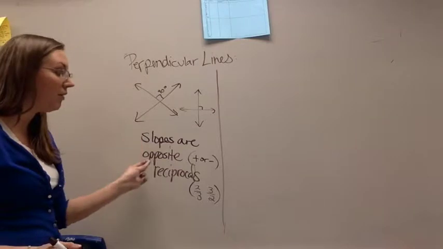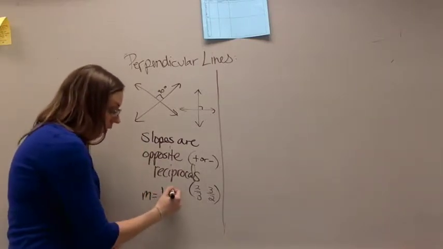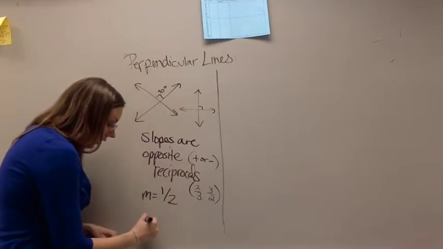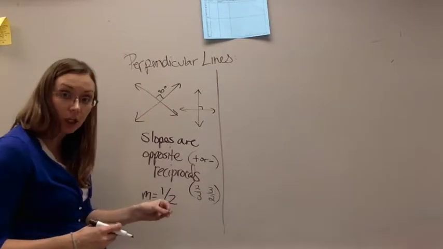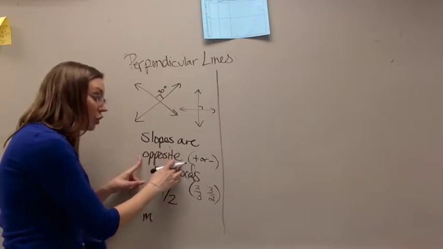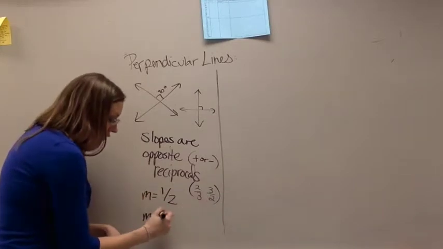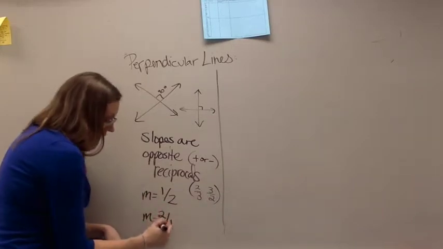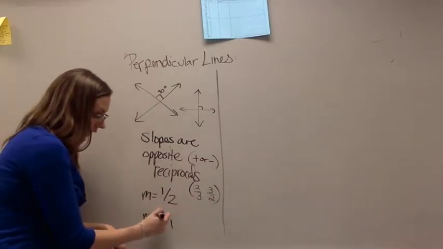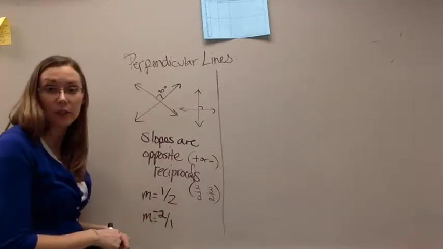So if one line has an m value that is 1/2, the other line, if it is perpendicular, should have a flipped and switched slope. We switch the sign, we flip our fraction. So this would be 2/1, but because this is positive, it also has to be negative 2/1, which could be simplified to negative 2.